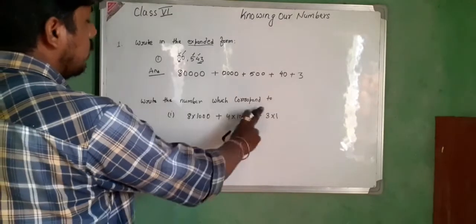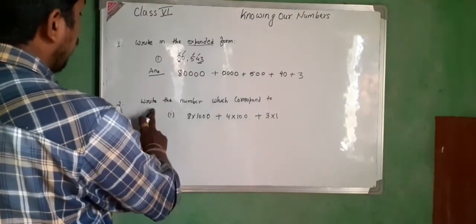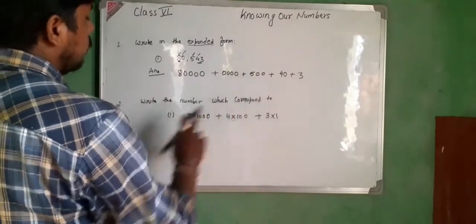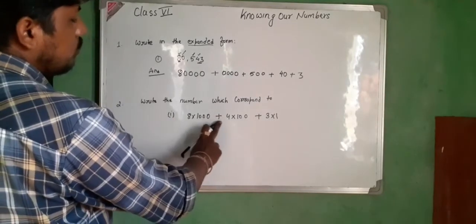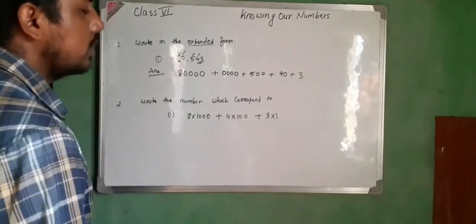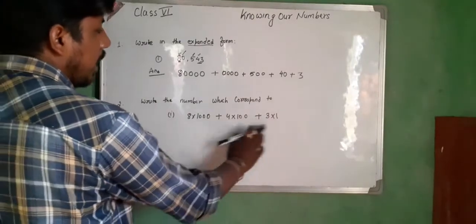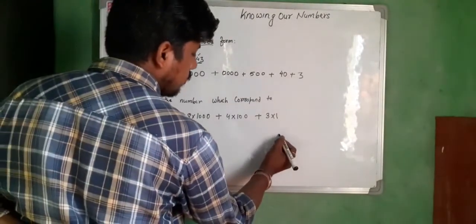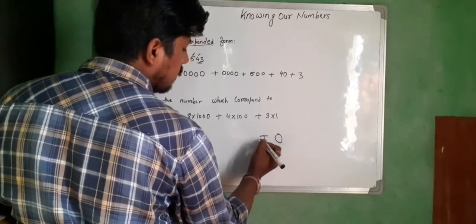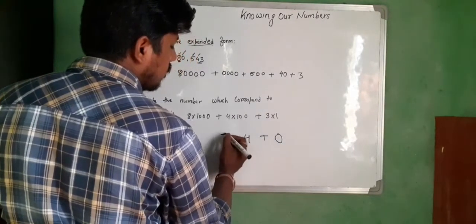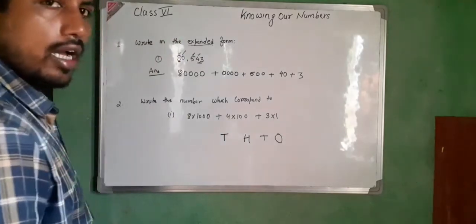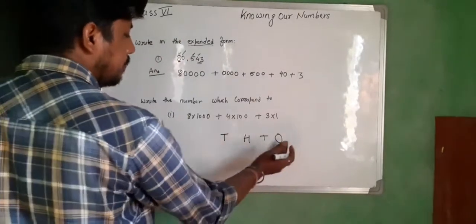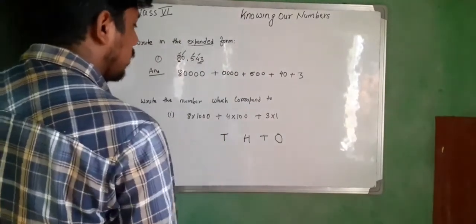Similarly, the next question: write the number which corresponds to 8 into 1000, 4 into 100, and 3 into 1. The highest is 1000, so write down ones, tens, 100, 1000, as in the chart.